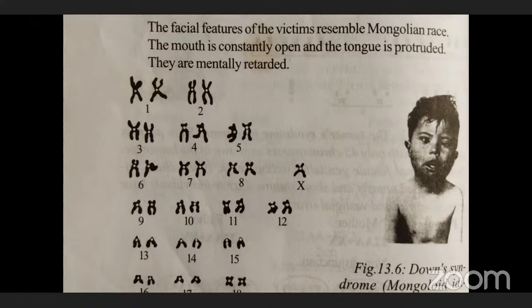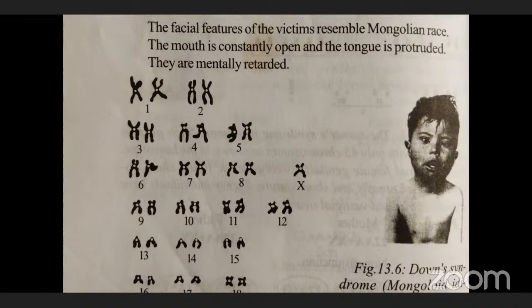Caused by autosomal aneuploidy. Down's syndrome also arises by non-disjunction. So these three chromosomal diseases are caused by non-disjunction of the chromosome 21 pair during meiosis.